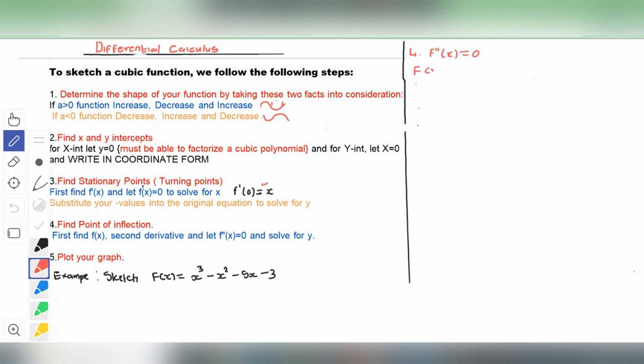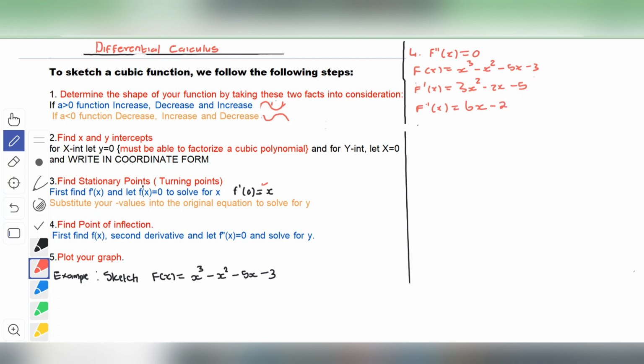So meaning we need to differentiate this function to the second derivative, meaning we're going to differentiate first and differentiate it again, right? So the first derivative is going to be 3x squared minus 2x minus 5, and the second derivative is going to be 6x minus 2, right?